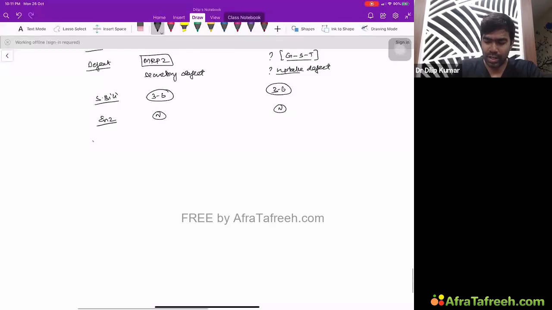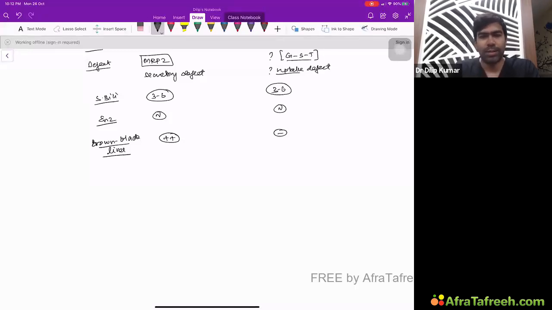And more importantly, there is something called a brown-black liver, sometimes referred to as a black liver in textbooks. That is quite a feature of Dubin-Johnson syndrome, but it will not be a feature of Rotor syndrome. You will not see that. Why do you get a brown-black liver?